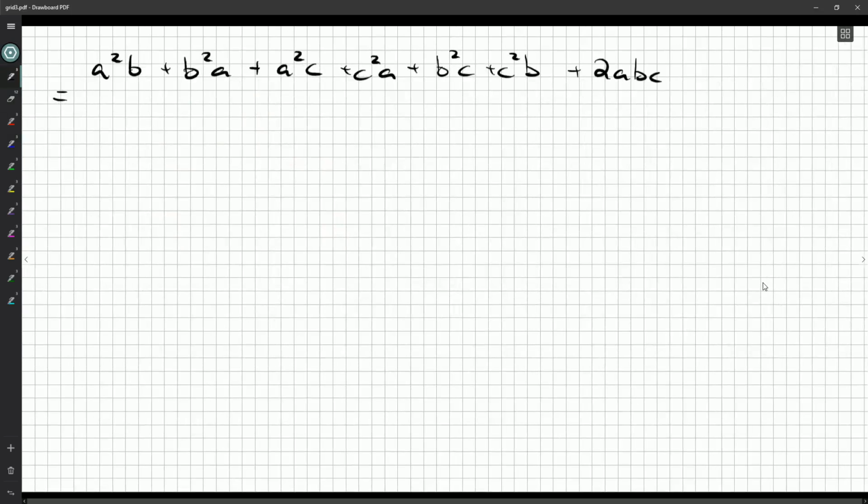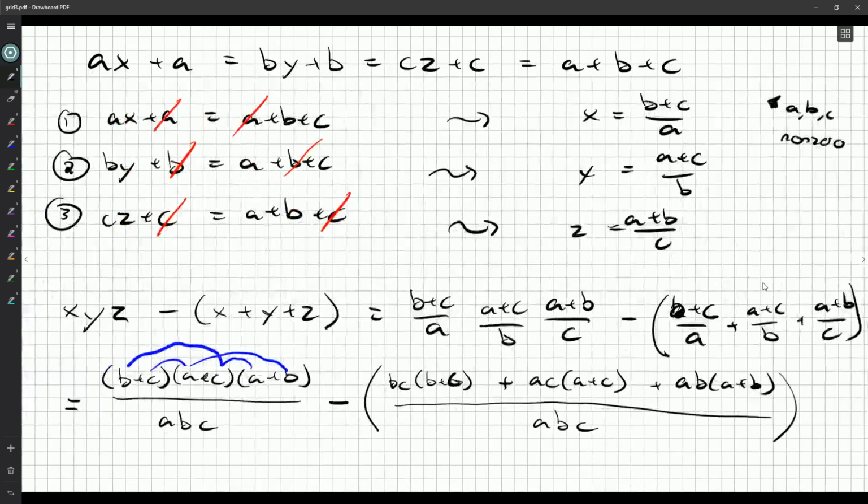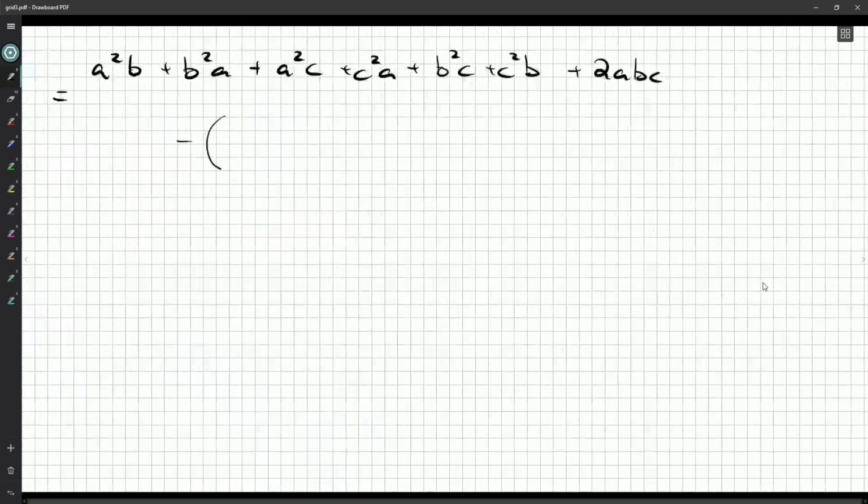Maybe I was wrong. And then we subtract off b squared c and c squared b, and then an a squared b and a b squared. I don't think I have those in exactly the right order, but a squared c and a c squared.